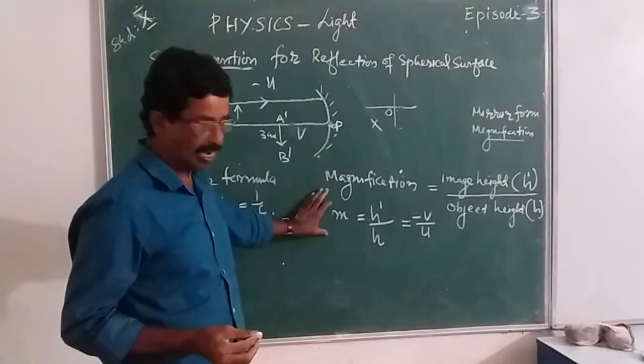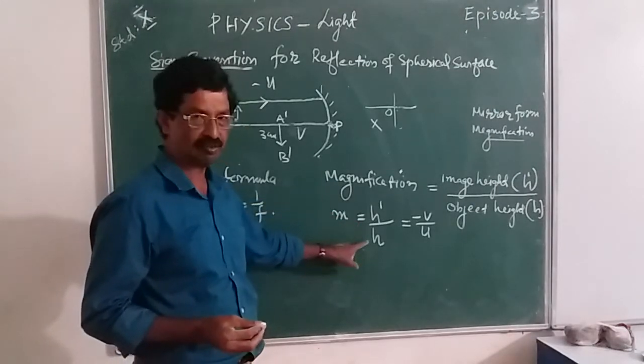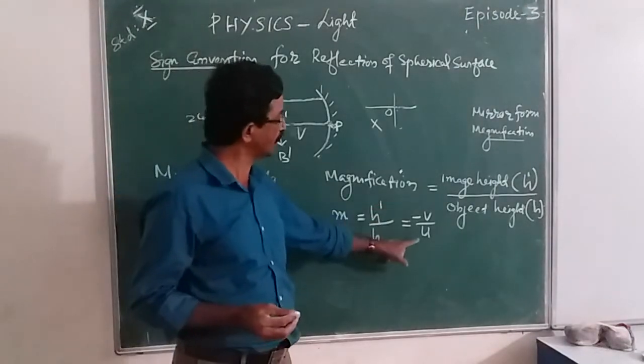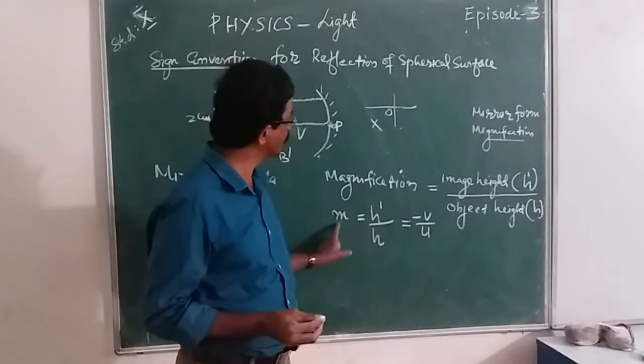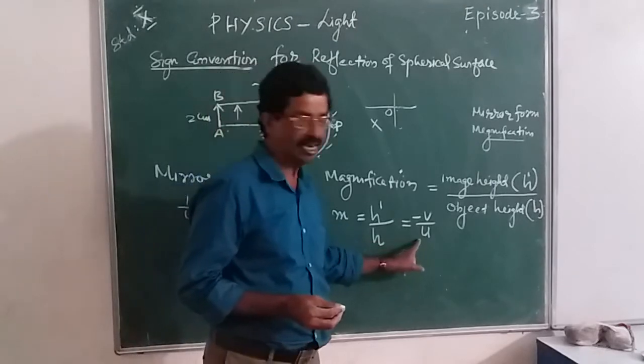If magnification is taken with the height, then it is H dash by H. If we take it with the image distance and object distance, then M is equal to minus v by u.